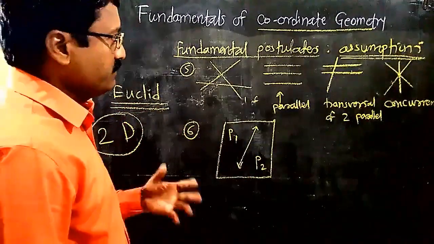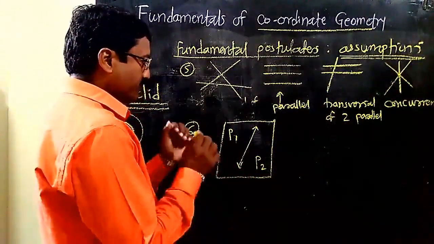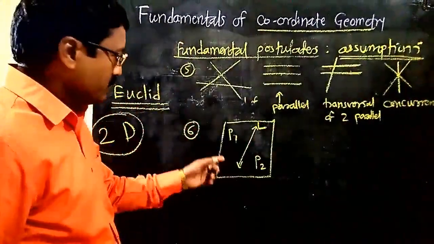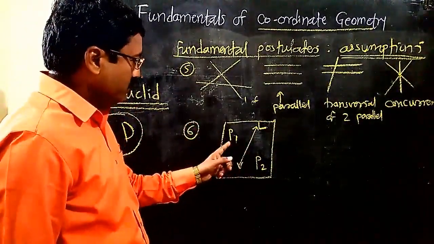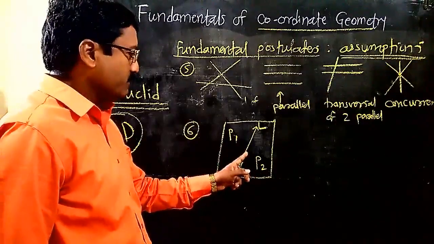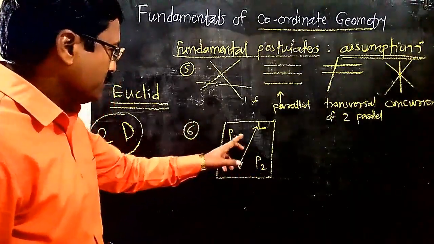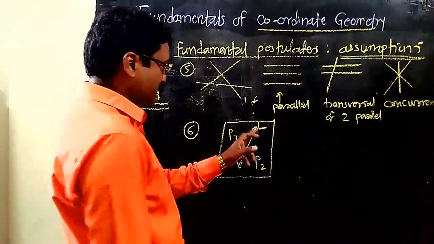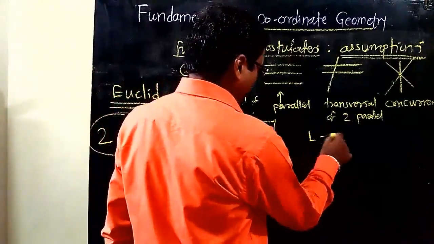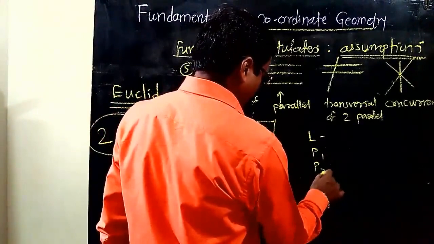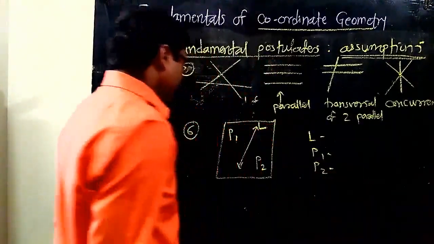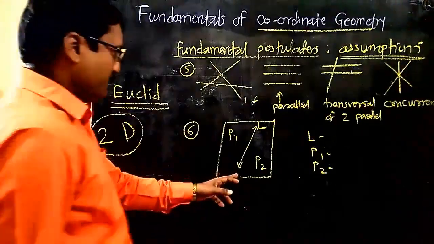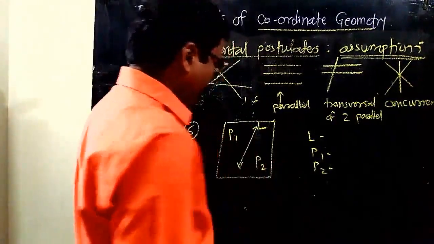Actually, if we find the subsets or parts, then this line itself is a part of the plane. So this is a plane without the line, and this second plane is without the line. So we have three parts: the first half plane, the second half plane, and this third, the line. So line, P1 and P2. These are the three parts of the plane because of this line. So this is about planes only.